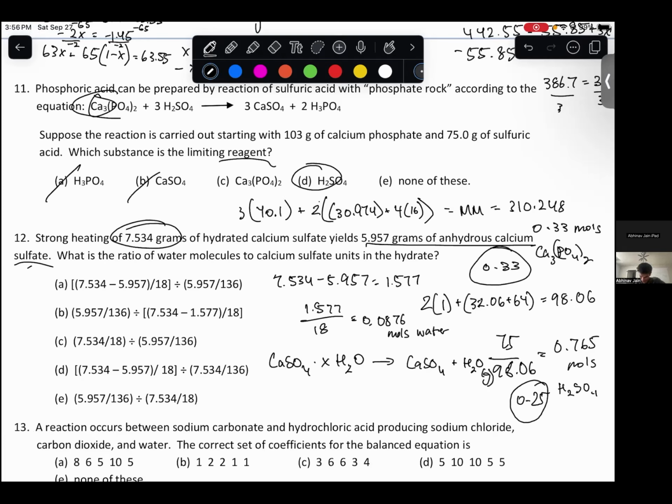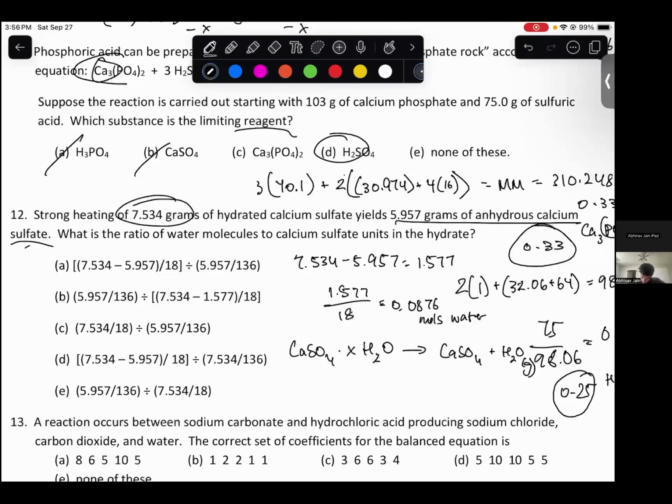So just looking at our answer choices, you can see that if we had 0.0876 moles of water, we can calculate the amount of calcium sulfate we had by doing 5.957 divided by the molar mass of calcium sulfate. So that's going to be 40.1 plus 32.06 plus the 4 oxygens from sulfate, so 4 times 16.